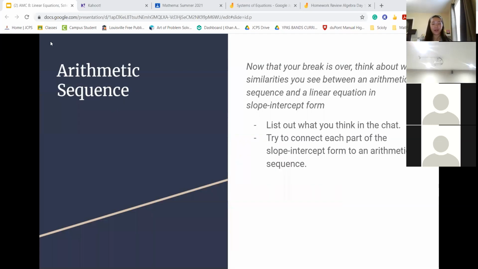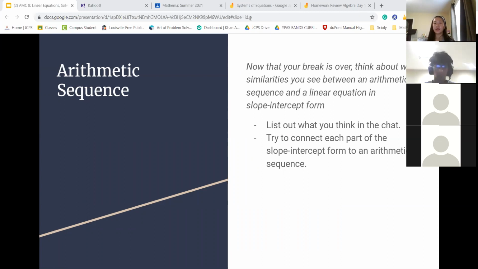Okay, so our break is over and we are going to move on to, first we're going to do this. Think about what similarities you see between an arithmetic sequence and a linear equation in slope-intercept form.